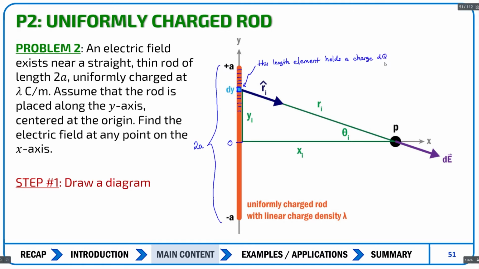And just remember, we were able to define dq in the past by saying dq is equal to rho L dl, or rho S dS, or rho V dV.